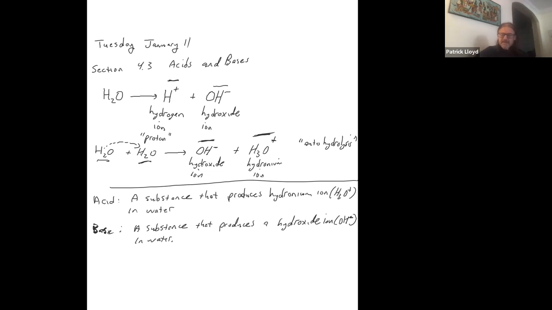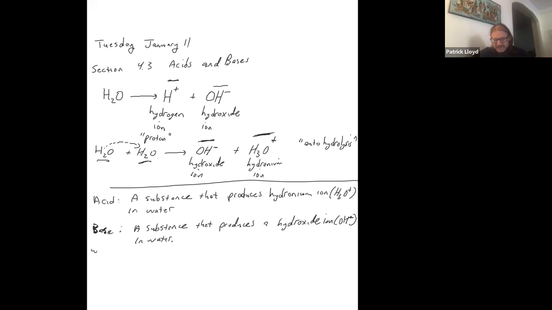Okay. So then you might say, well, wait a minute, we got the hydroxide out of that too. So does that mean it's a base? And the answer is yes. In fact, one of those two species of water is acting as an acid and the other one's acting like a base. Producing a hydroxide, base; producing a hydronium, acid. Okay.